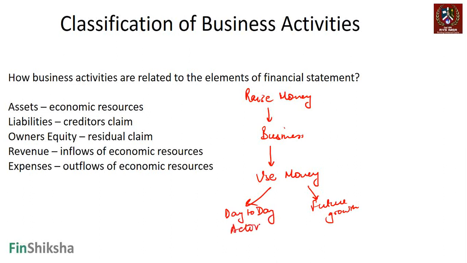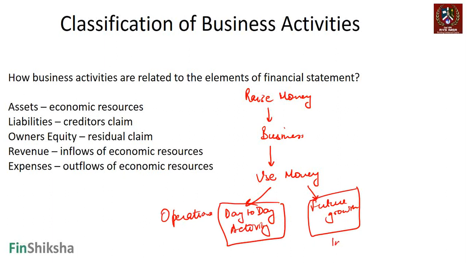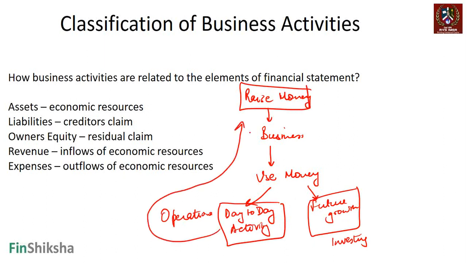Day-to-day activity, whatever the company does, is operational activity. Future growth, whatever the company does, is investing activity. Raising money, and then eventually you may get money from your day-to-day activity, or from your future growth. Returning that money is going to be your financing activity.